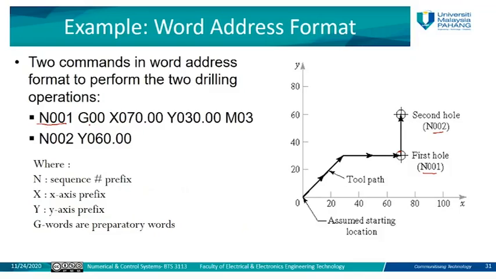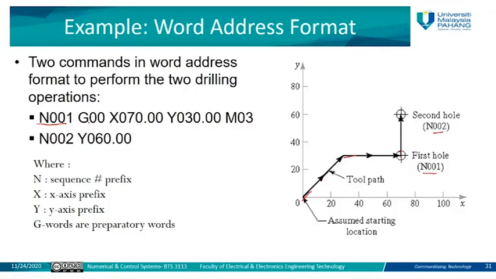The first is G00, which, we said, is for the rapid traverse. So that means if we assume the starting point here is at 00, the spindle or the tool will go directly to this point, moving on the x-axis until it reaches the value of x.